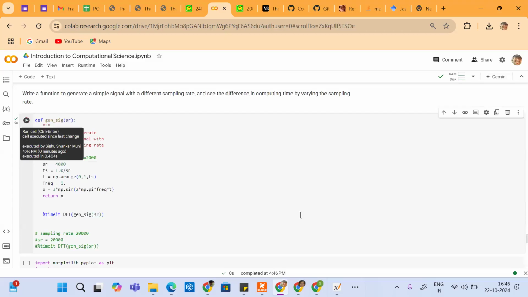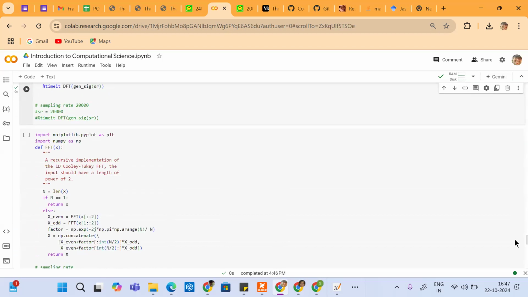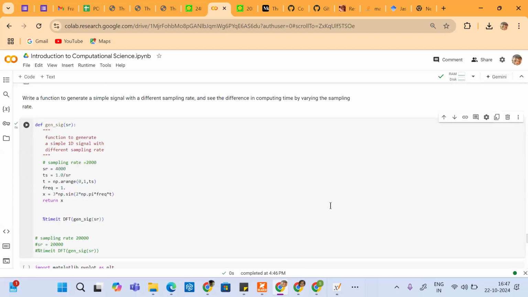Good. So you can see what is the time? What happened? Why is it not printing now? Anyone can debug this?